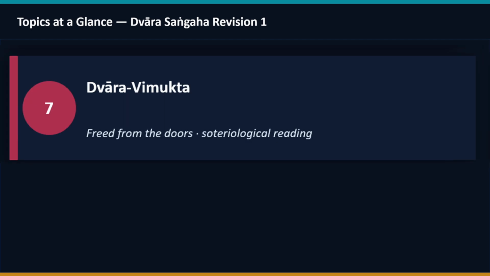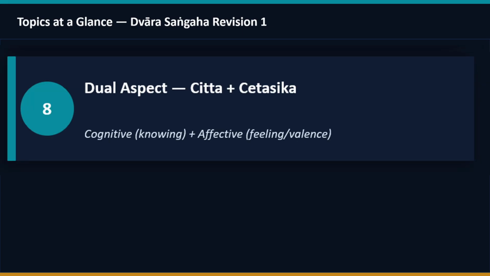Then dvara vimutta, free from the doors. So this is a soteriological reading. We'll go through and revise what that is. Then the 8th one, dual aspect, the chitta and chittasika: how this cognitive knowing, the affective, this feeling and valence arise.